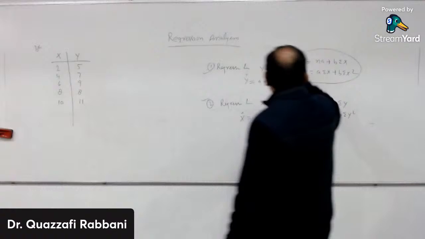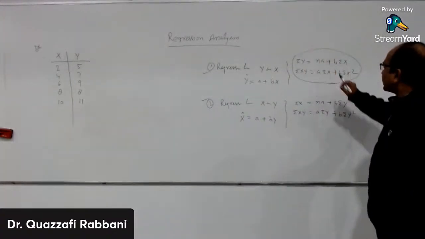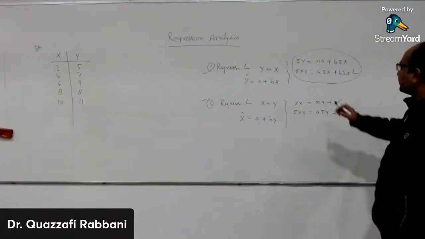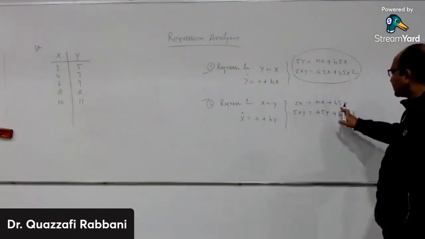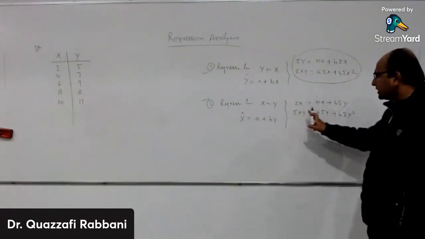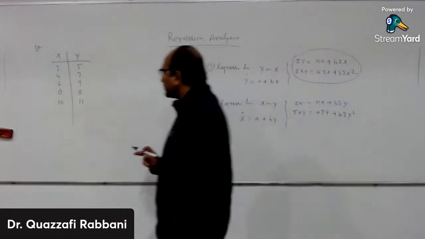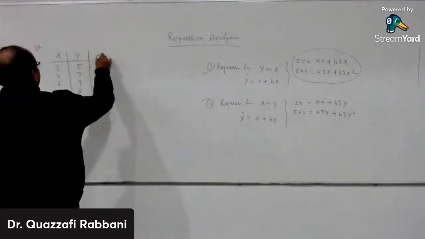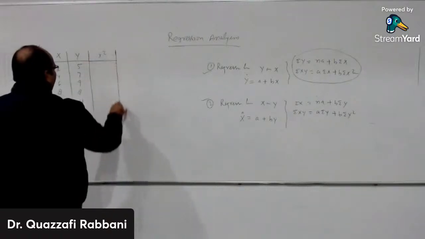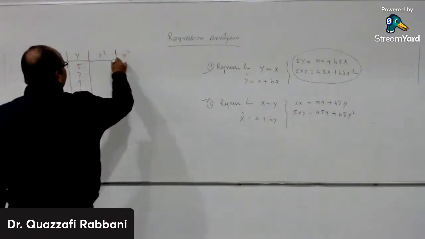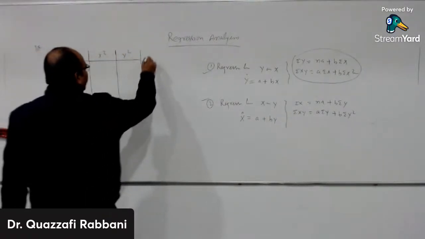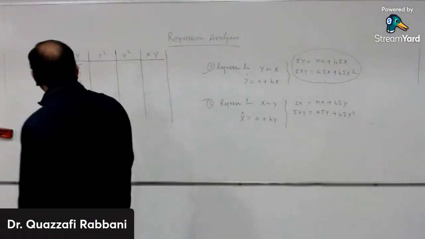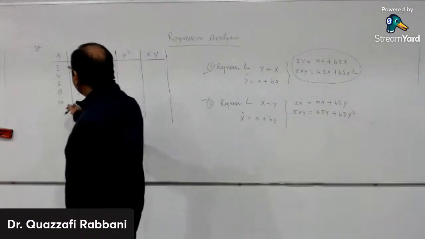So in both the normal equations we have some requirement of data, and that will be summation x square, summation y square, and summation xy. So just prepare the table and calculate x square, y square, and xy, because we have been given x and y.